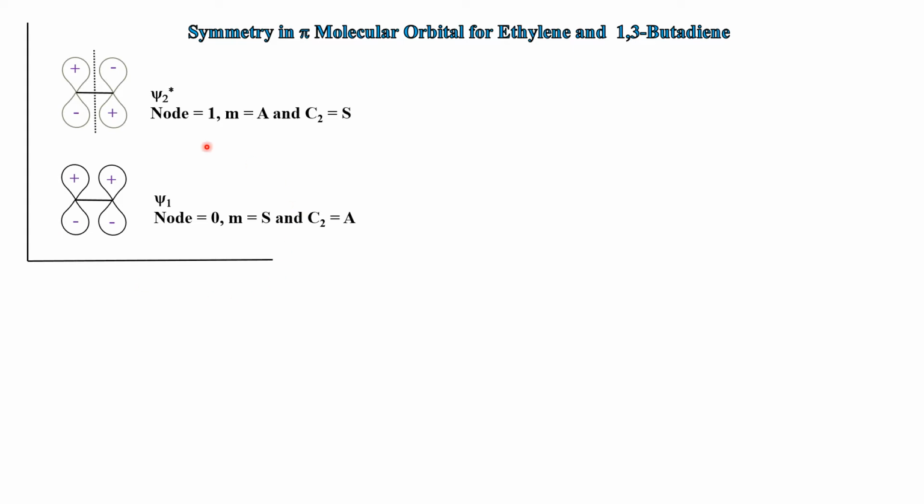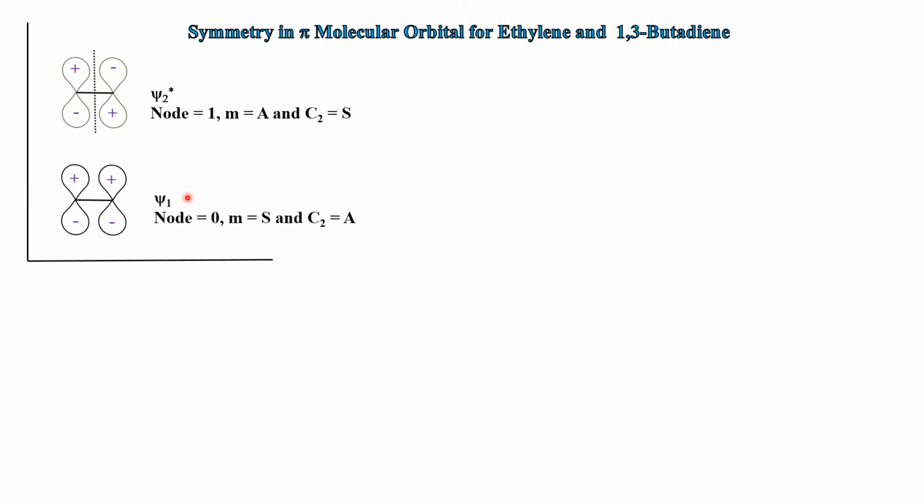At the time of formation of molecular orbitals in ethylene, we saw two types of molecular orbitals are formed. One is bonding and another is anti-bonding. This is the structure of the bonding orbital. These orbitals are present at the lowest energy level, that is Ψ1.